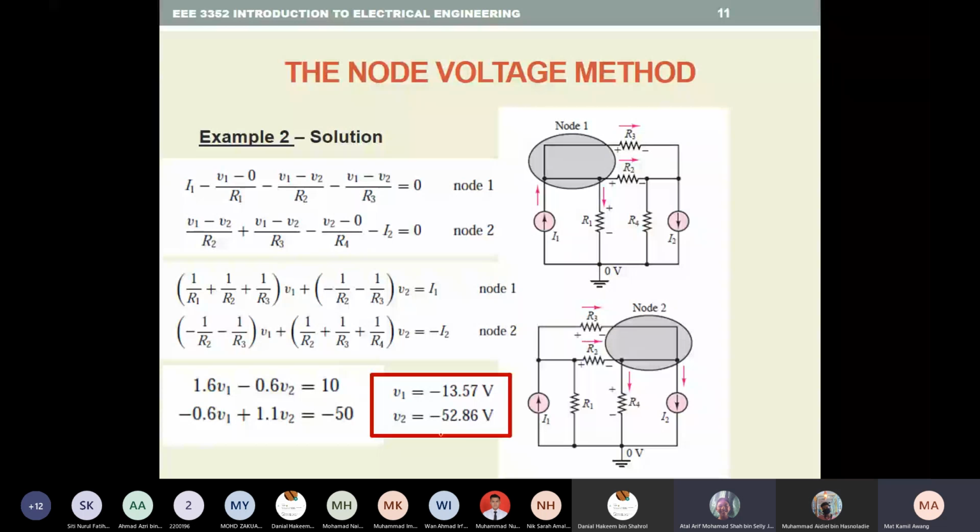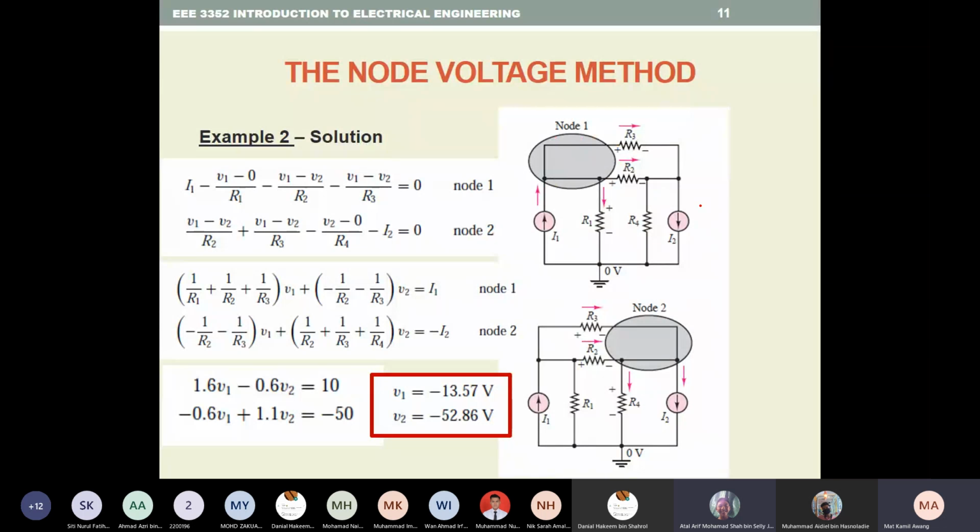3 nodes, then you have 2 equations. For node 1, current going into the node, current out of the node.